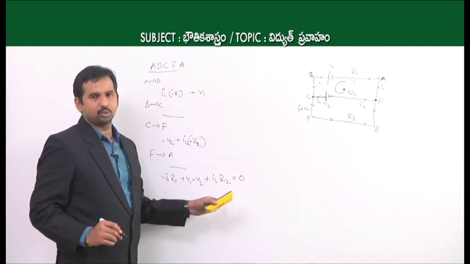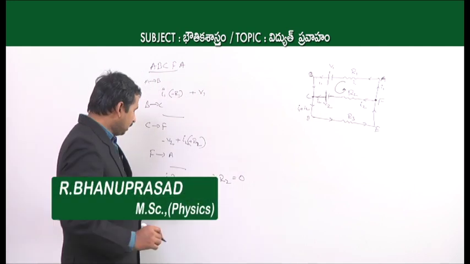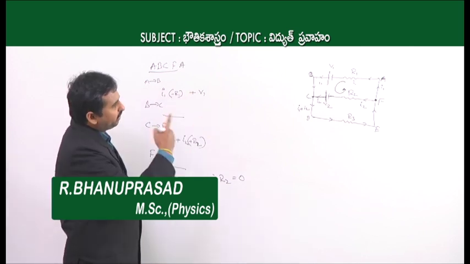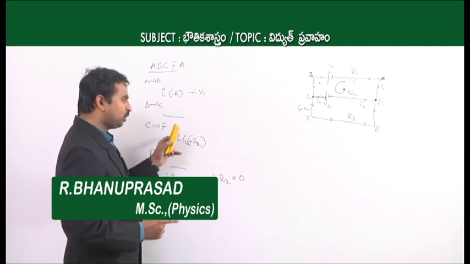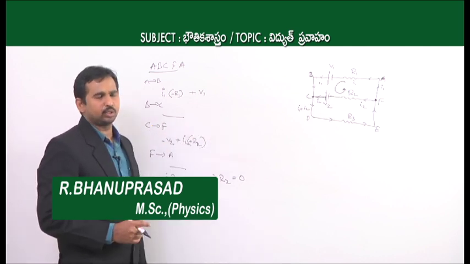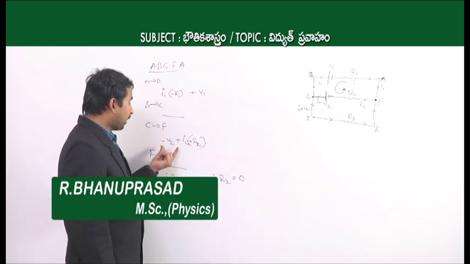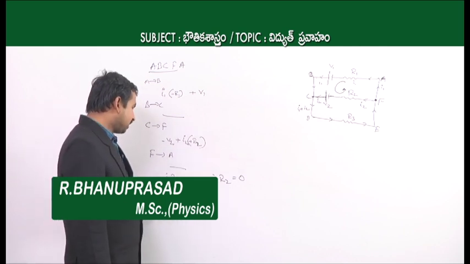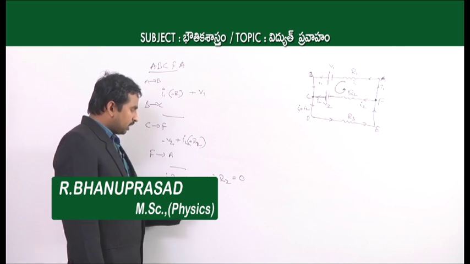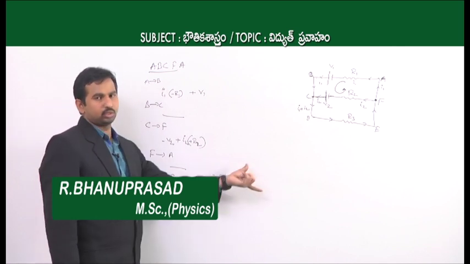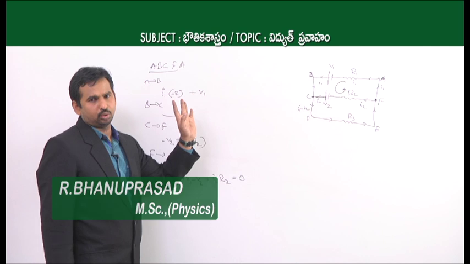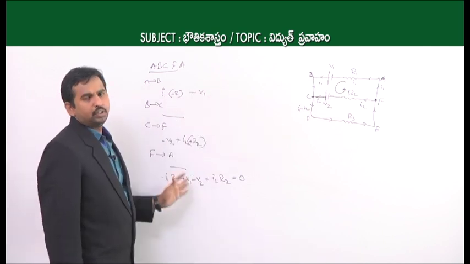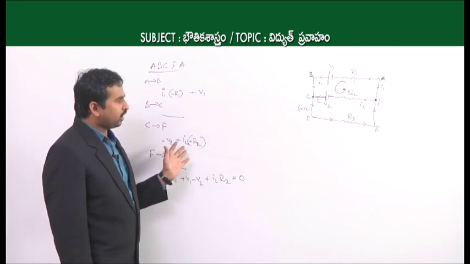This is our Kirchhoff's second law: minus I1 R1 plus V1 between A to B, and between C to F again we have electric components present. Then we get minus V2 plus I2 R2, so minus I1 R1 plus V1 minus V2 plus I2 R2 is equal to 0. Okay, this is about Kirchhoff's second law.